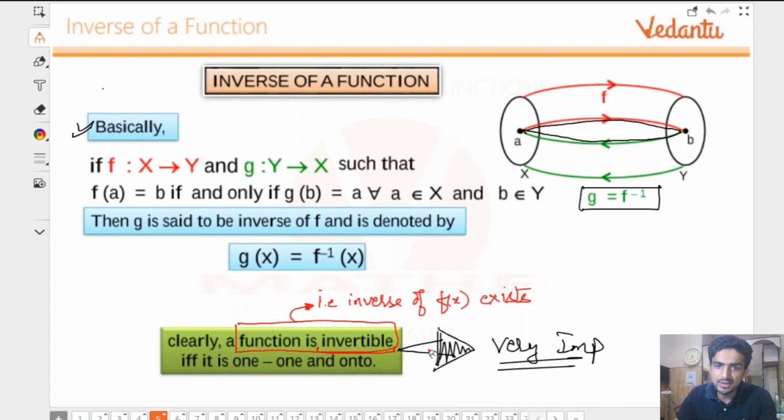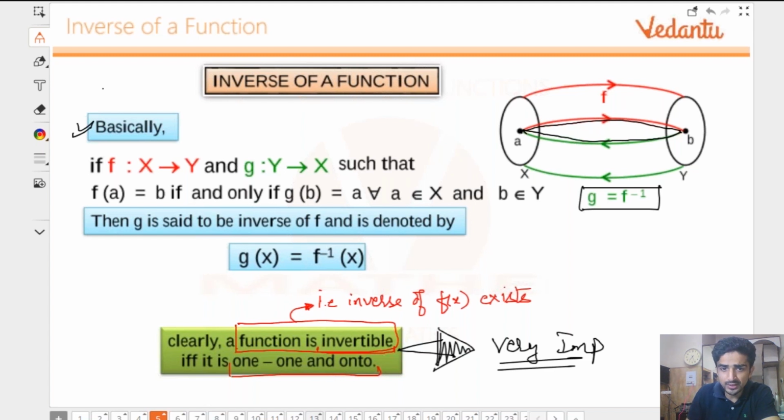Invertible doesn't mean anything more than that inverse exists. So whenever I ask you, f is invertible, what is the condition? You will say, sir, f must be 1 1 and onto. That is, f must be bijective. Write it down on your copy right now.